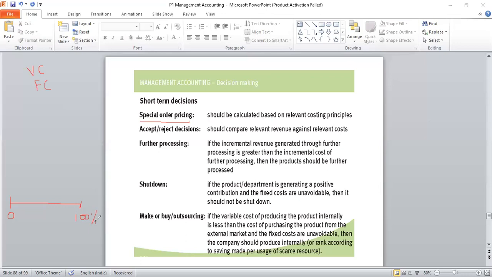Let's say, for example, that they are operating at 70% capacity. So there is unused capacity of 30%. They utilize this unused capacity and offer this discount to the special orders.